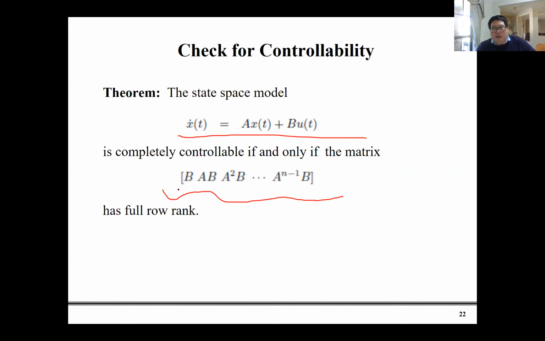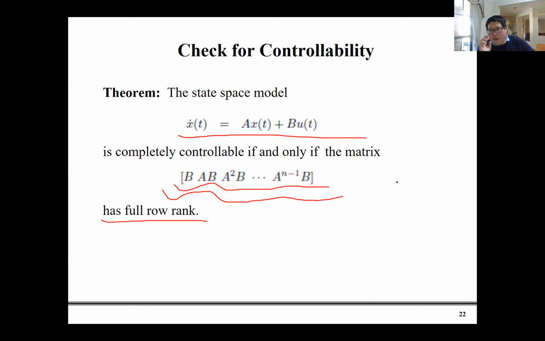So if this matrix has full row rank, then the system is controllable. Which means if we have a state-space model or linear continuous time system, that system is completely controllable if and only if the controllability matrix has full row rank.